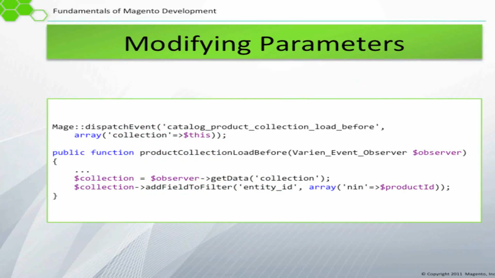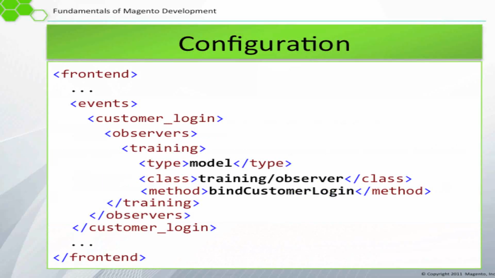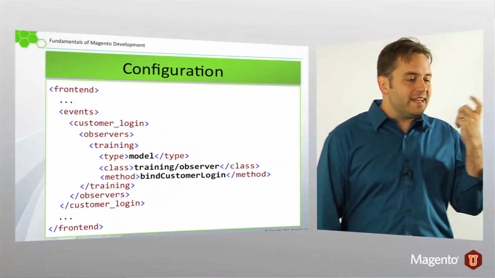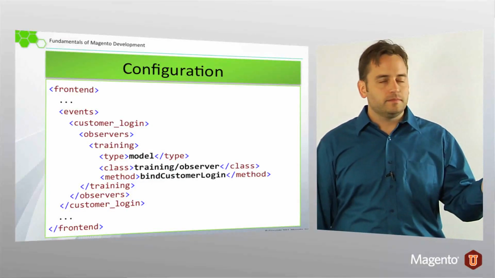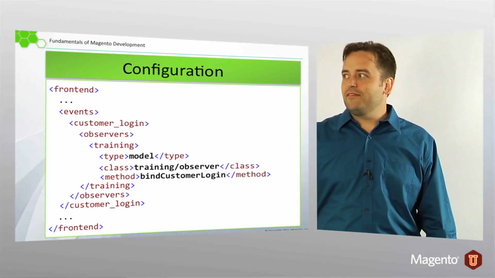If I wanted to observe this event, catalog product collection load before, I would specify in my configuration file right here, catalog product collection load before. And then inside that node, we have an observers node.